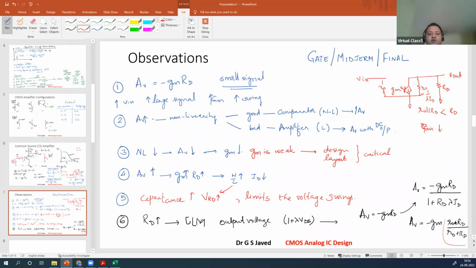Eventually, you end up with a lower gain. This is why in the assignment question I asked, is channel length modulation beneficial or not? Sometimes yes, sometimes no. Right? Now with this, we will see what we do next.